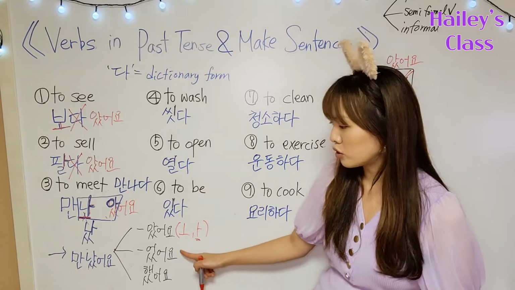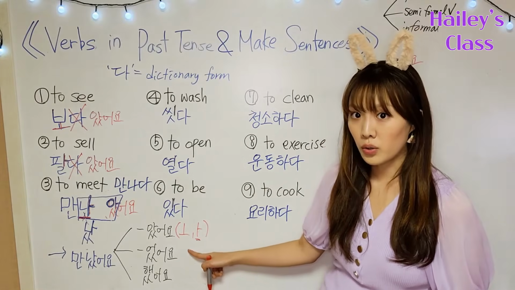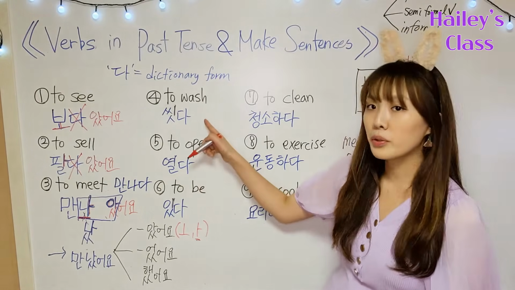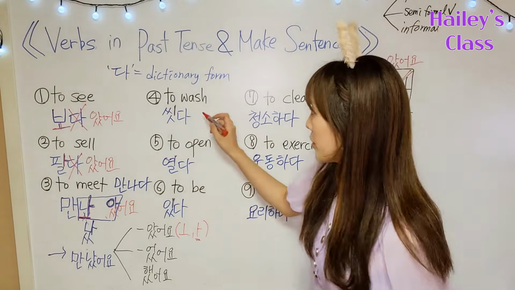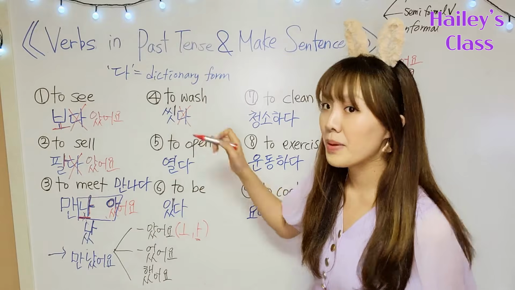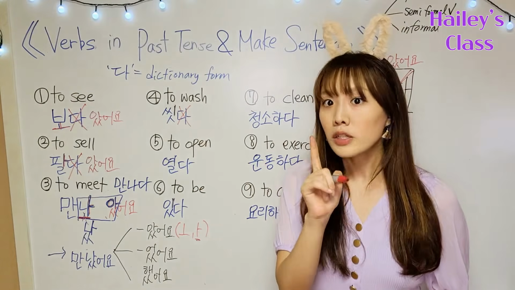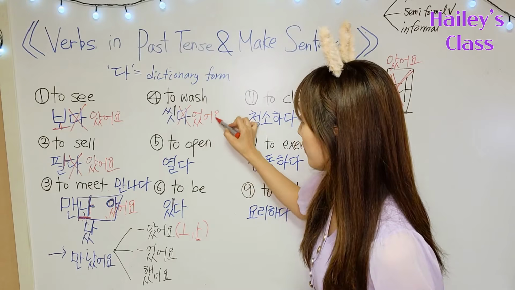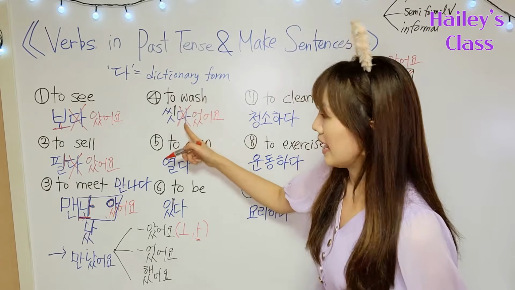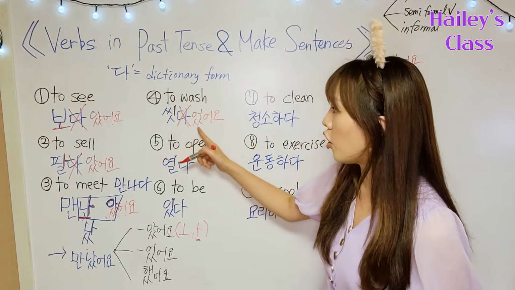And we have to put 었어요. So we're going to put 었어요 in this part. Got it? Okay. So we're going to delete the 다 because it's a dictionary form, and then we put 었어요.